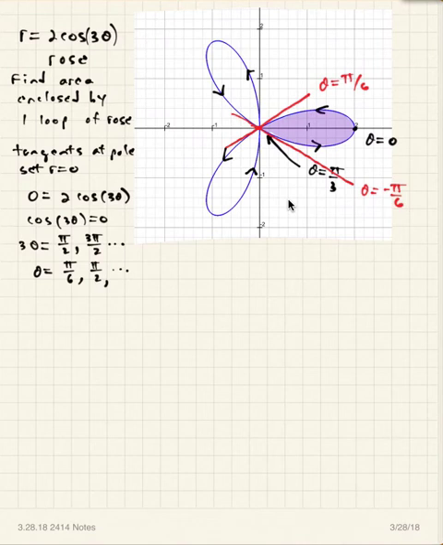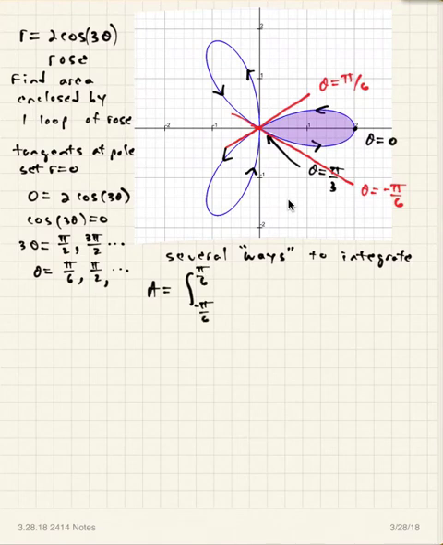So in this particular problem, you could set up this integral several different ways, and I'm putting ways in quotes, to integrate on this problem. First of all, you could do the integral from negative pi over 6 to pi over 6. That's one way to do this. Another way, you could integrate from 0 to pi over 6 and multiply by 2. That would be another way you could do this integral.